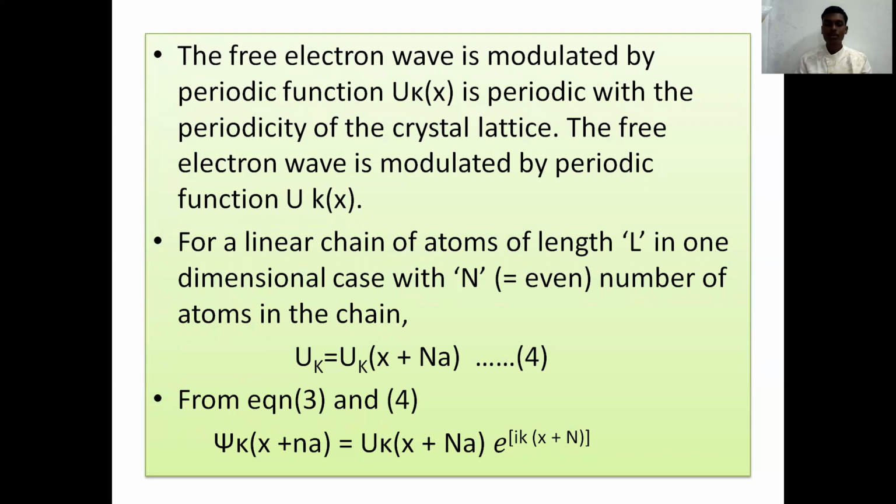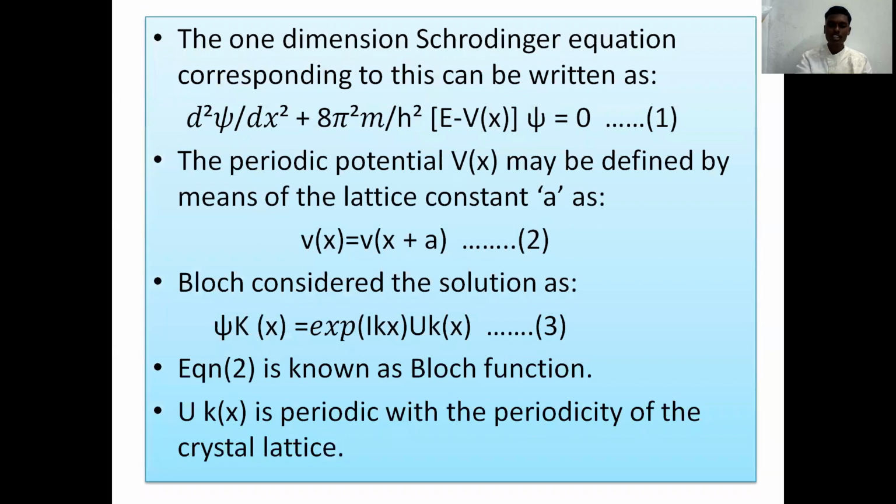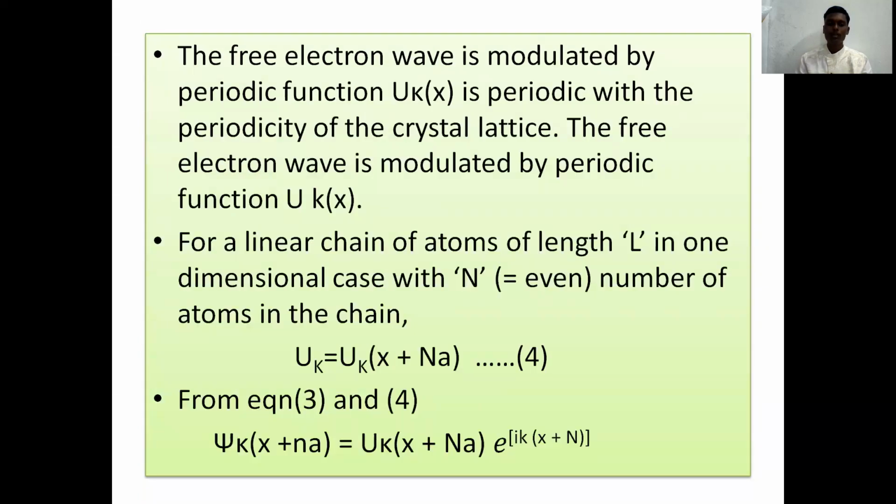This equation we treat as equation 4. From equations 3 and 4 combined, we get psi k of x plus Na equals psi k of x into e power ik times Na, where L denotes the length and N denotes the number of atoms in the chain, which is even.